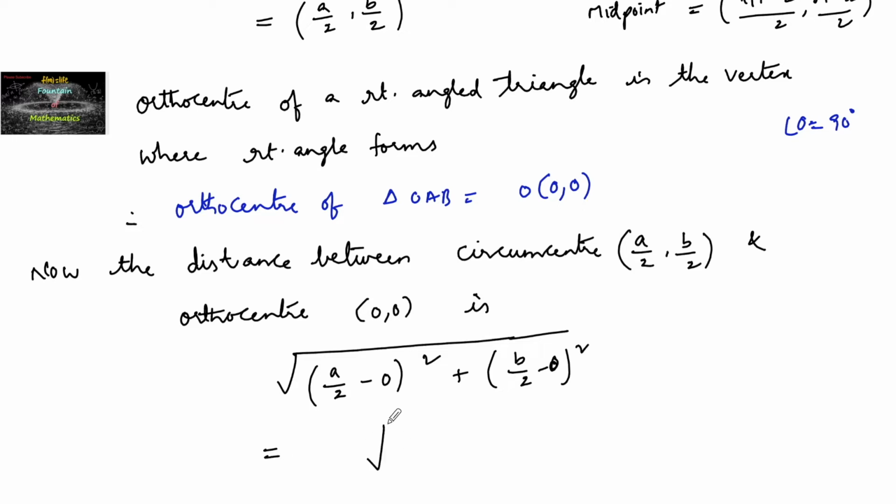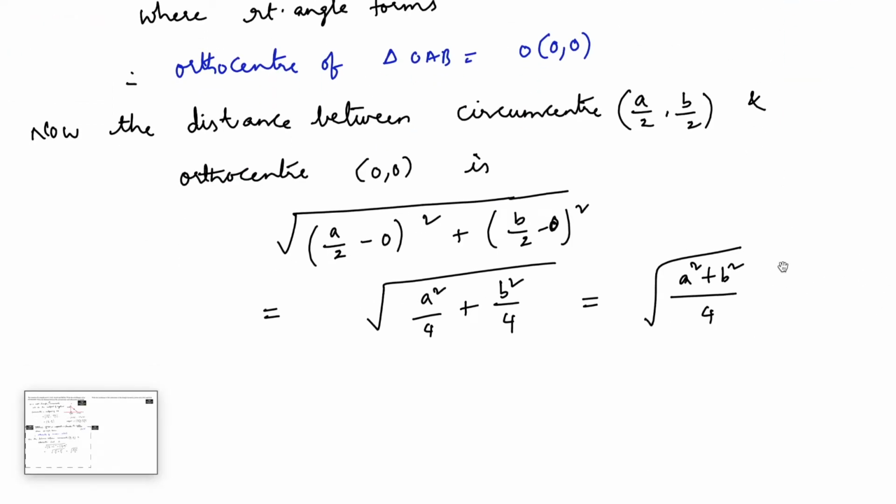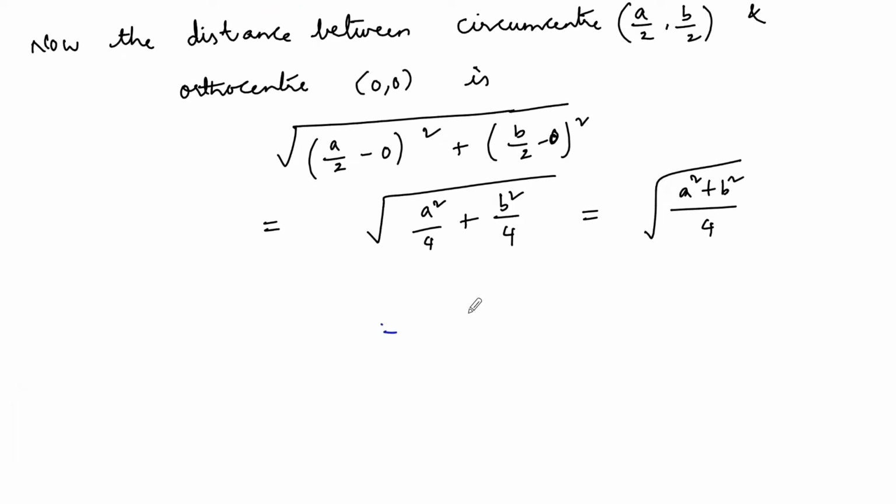So which is equal to under root of (a square plus b square) upon 4, or we can simplify and write root over a square plus b square upon square root of 4, which is 2. So therefore the distance between circumcenter and orthocenter of triangle OAB is root of a square plus b square upon 2.